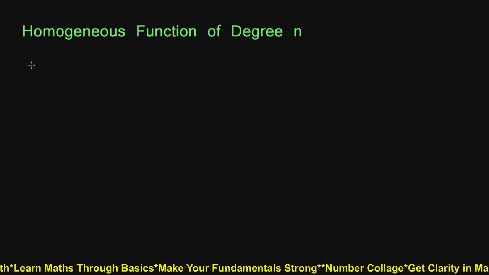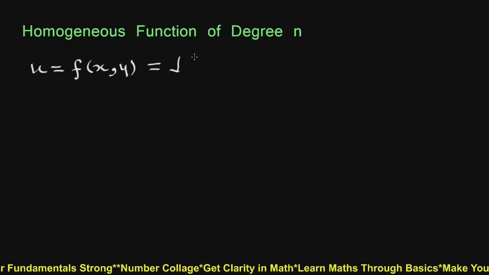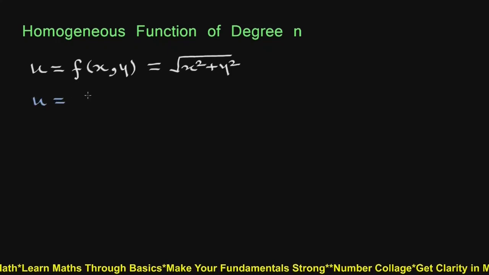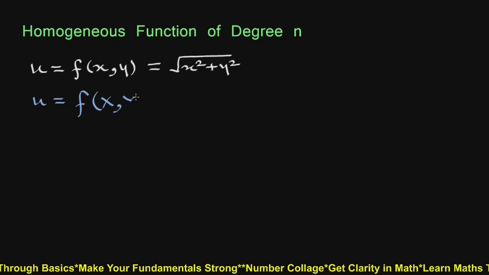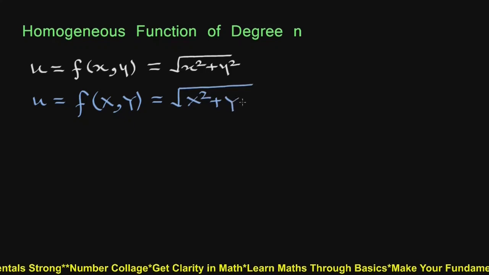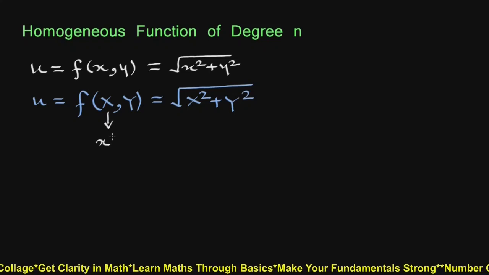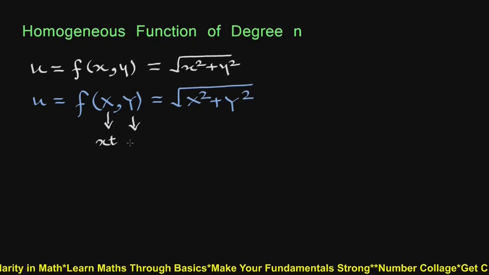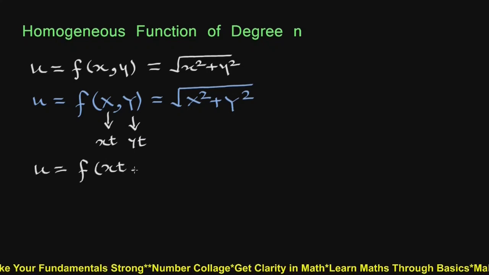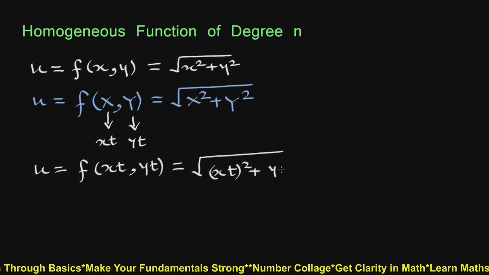Consider a function u of two independent variables x and y defined as square root of x square plus y square. So we write u as f of capital X, capital Y, which will become square root of capital X square plus capital Y square. Next we replace x by small xt and y by small yt, so that u becomes f of xt, yt equals square root of xt square plus yt square.